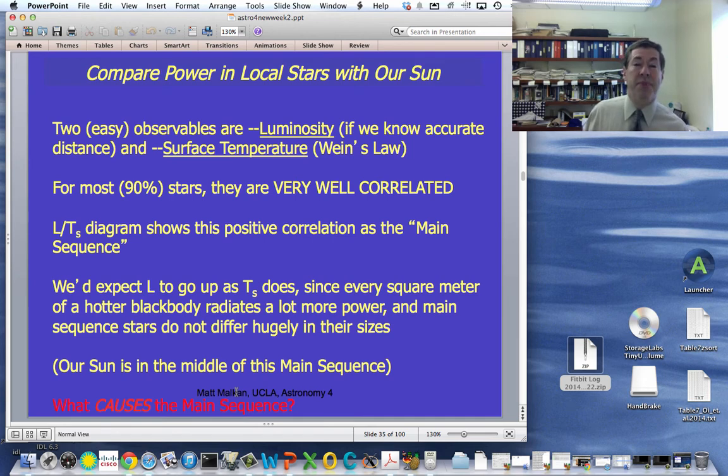So they're also a bit bigger. They have a bit larger radius and surface area than the sun, but not by much. So I'm not going to worry about that one too much. The main reason for this nice correlation of star temperature with star power is that they obey Stefan's law for black bodies of a fairly comparable size. But that isn't really the fundamental answer.